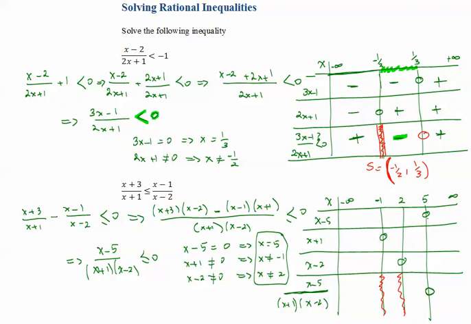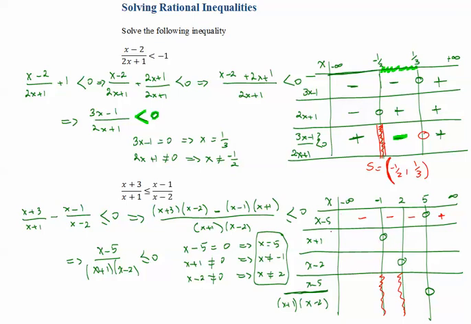Now the sign. Any value less than 5 will make this x minus 5 negative, and any value after the 5, like 6, 6 minus 5, we get positive.